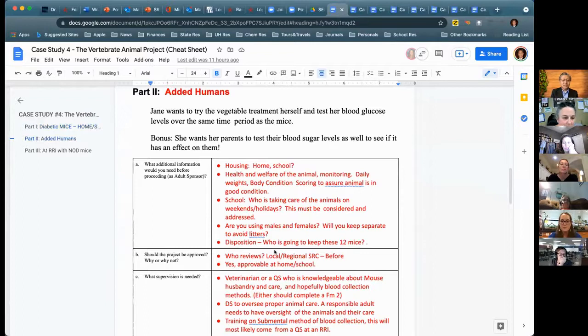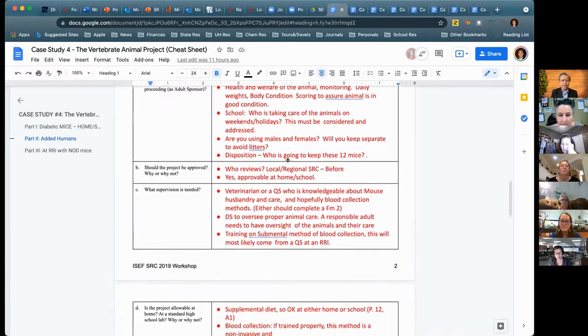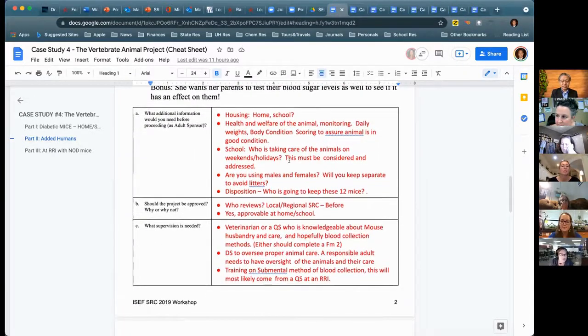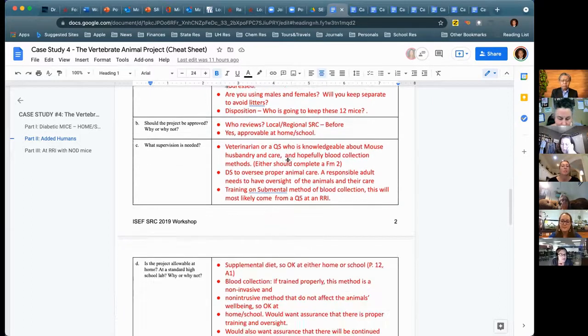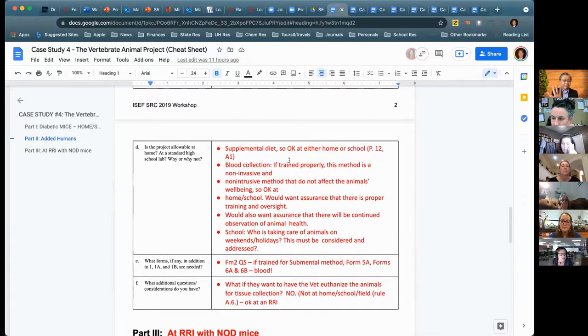The second one, because you now added human subjects, you need to pay attention to how this is going to be done, because it really requires a lot of supervision, and you're also testing bodily fluids, so that involves a lot of qualifications.